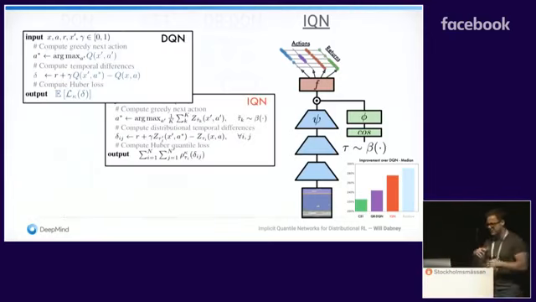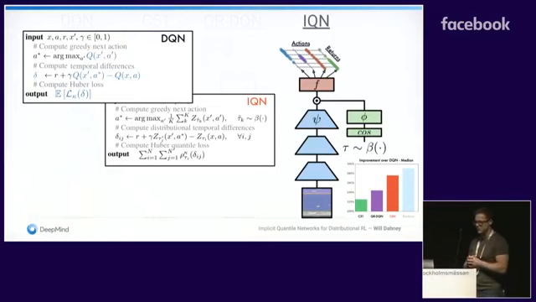I don't have time to go through all the details, but the story of going from DQN to IQN is actually encapsulated on this slide in its entirety. We make a change to the network, but it's a fairly minimal change. And all of the algorithm changes are shown here. And it's a story of going from the mean of a distribution, a mean of the return, to samples from that return distribution. So you end up inducing these TD-errors by taking a sample from the current return distribution and a sample from the next state's return distribution.